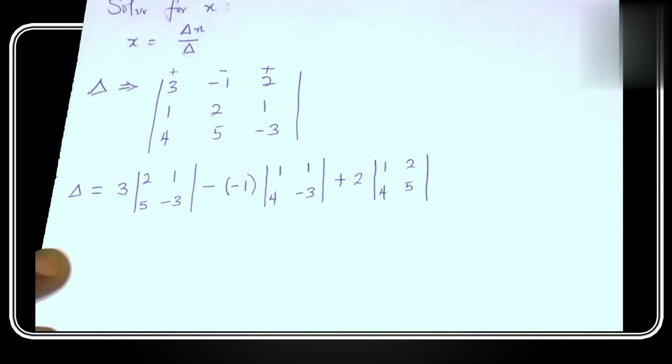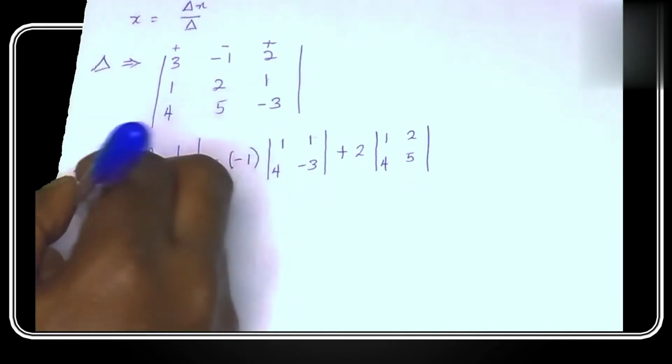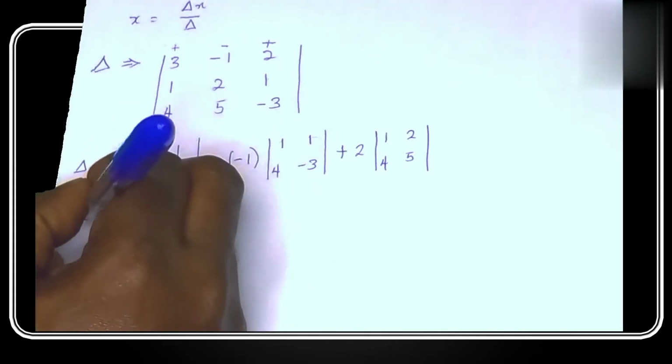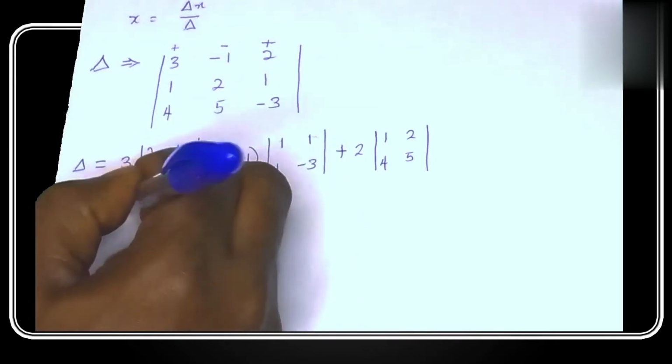Now we are set to continue. Now to continue, we say change, or delta as we wish to call it, equals 3, open bracket.